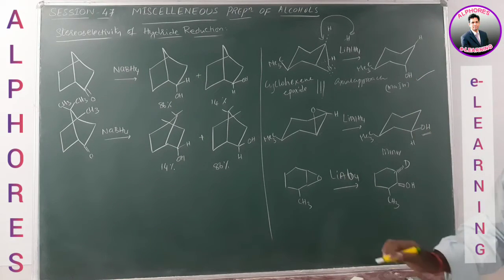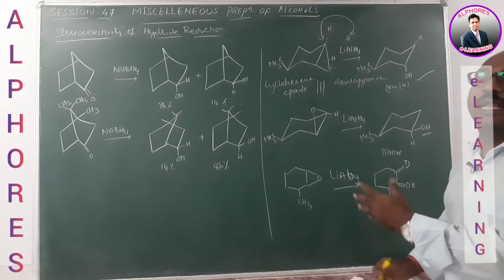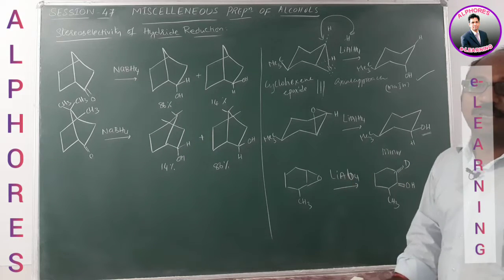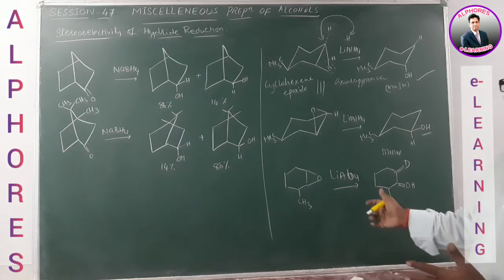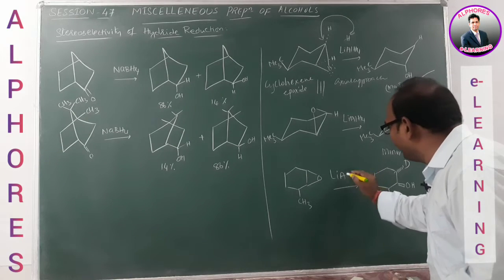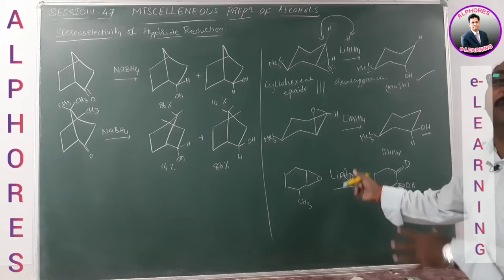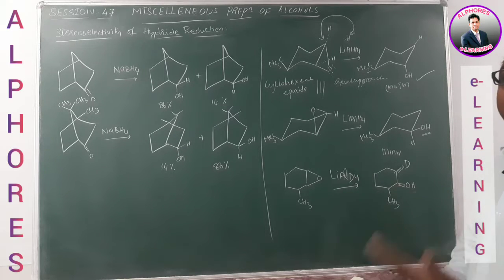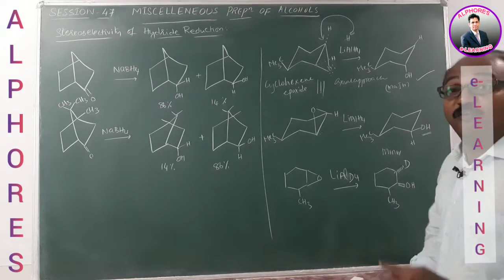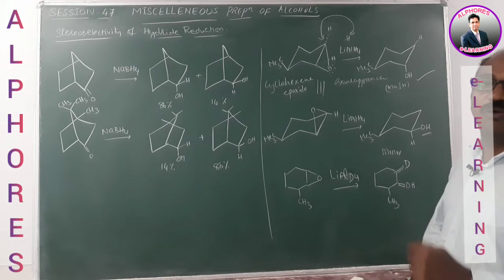Epoxide only. From this epoxide, again, the attacking reagent H minus. Instead of that, I am going to use LiAlD4, lithium aluminium deuteride, instead of hydride, deuteride. Now, I want to check where this D has to go.